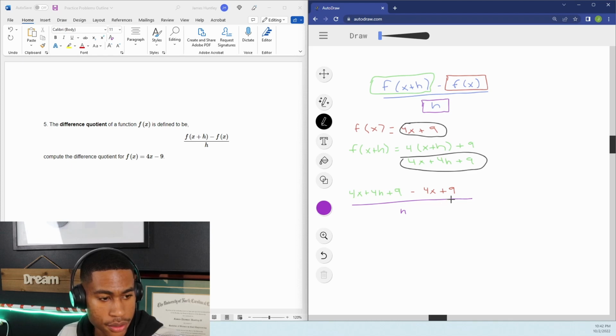I also have to make sure that I put this in parentheses correctly. So this is very important. This is a value. This is a value. So if we put these values to work, right, we have to distribute that negative to this whole function.